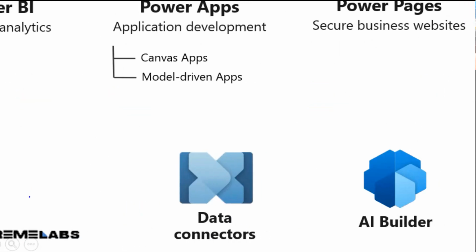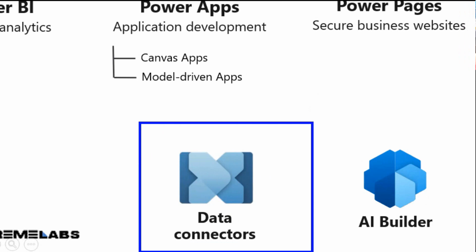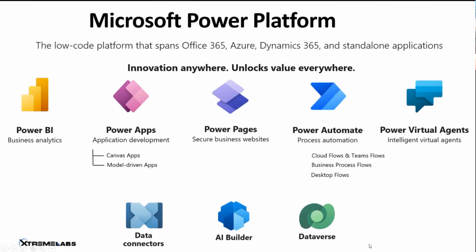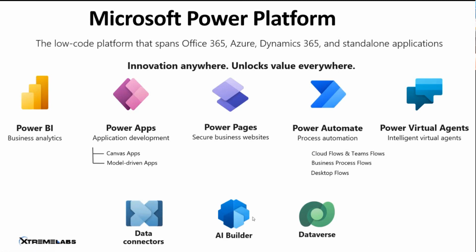So also you have different connectors, whether you can create a project with Power BI using text files, CSV files, different connectors where you can get the data from, okay? So that's what Power Platform is, okay?